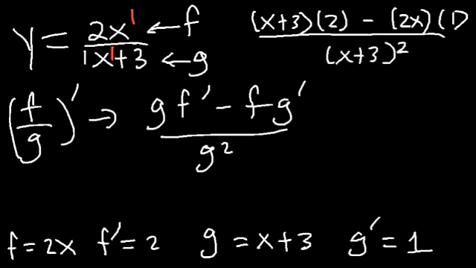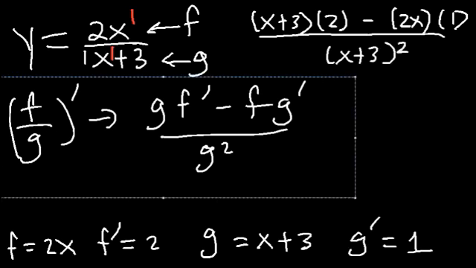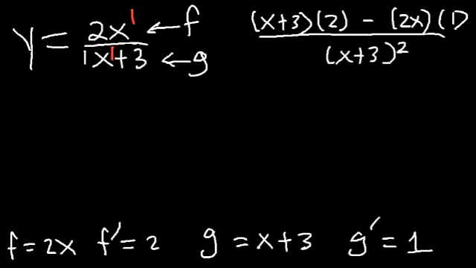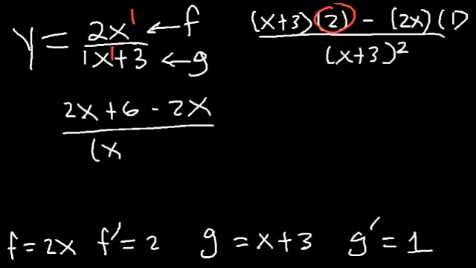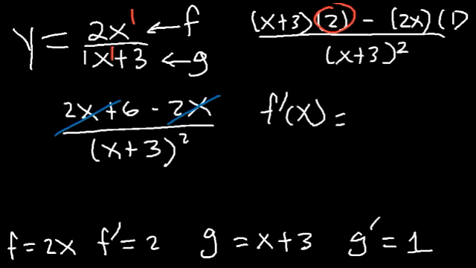So that's the first derivative, but let's go ahead and simplify it. Let's distribute the 2 to the x plus 3. So it's going to be 2x plus 6 minus 2x, divided by x plus 3 squared. So we can cancel these two. Therefore, the first derivative is equal to 6 divided by x plus 3 squared.